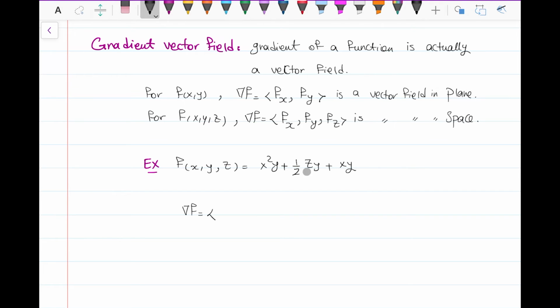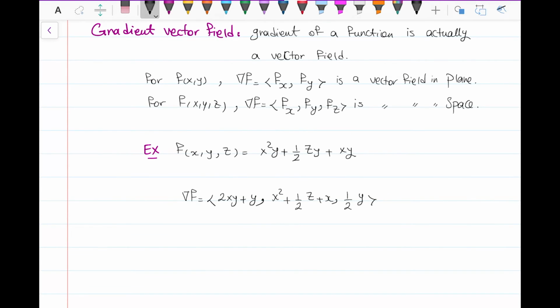The partial derivative of this function with respect to x would be 2xy plus y. The partial derivative with respect to y is x squared plus 1/2 z plus x. And the partial derivative with respect to z would be 1/2 y. It's a vector field because if I plug in any point in the space into this vector function, I get a vector. That's why it's a vector field.